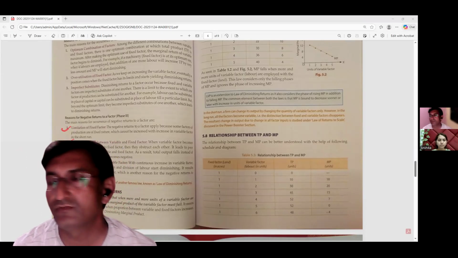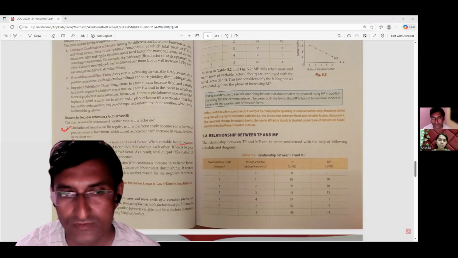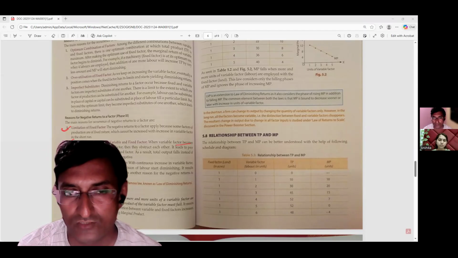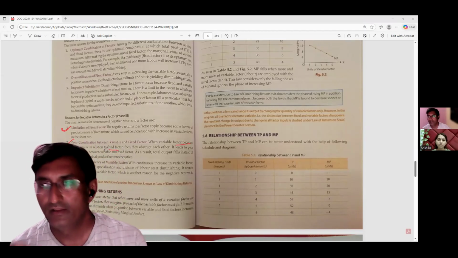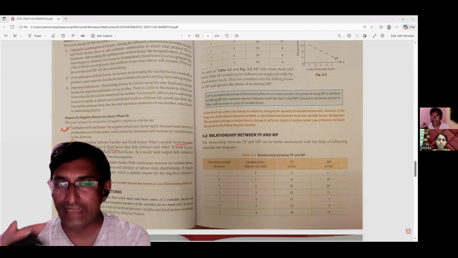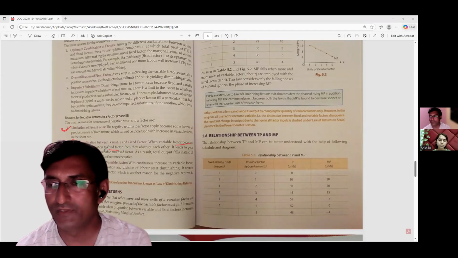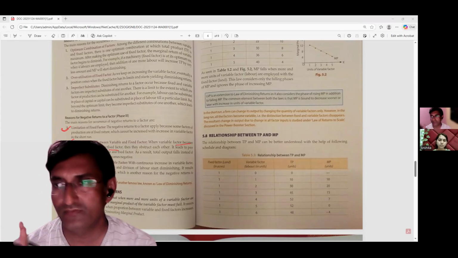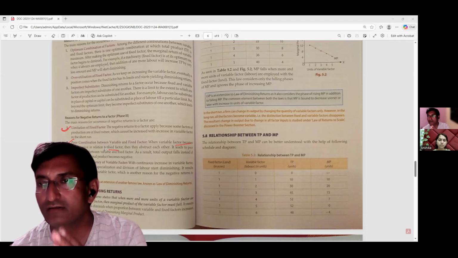A poor combination between variable and fixed factors. When variable factor becomes too excessive in relation to fixed factors. Suppose you are using variable factor excessively compared to the fixed, then automatically it is called a poor combination between the variable and fixed factors. You need to utilize both the factors at an equal level, within a certain limit.